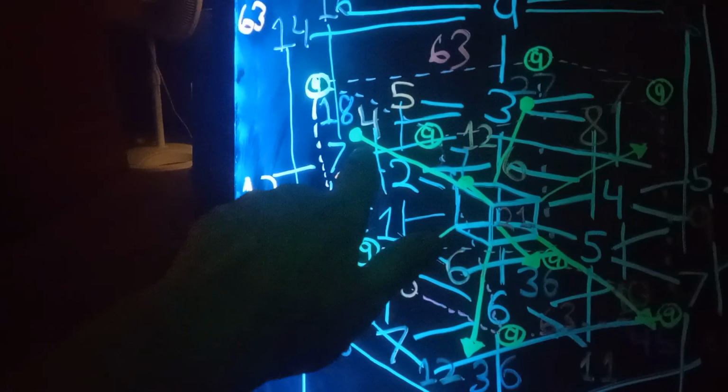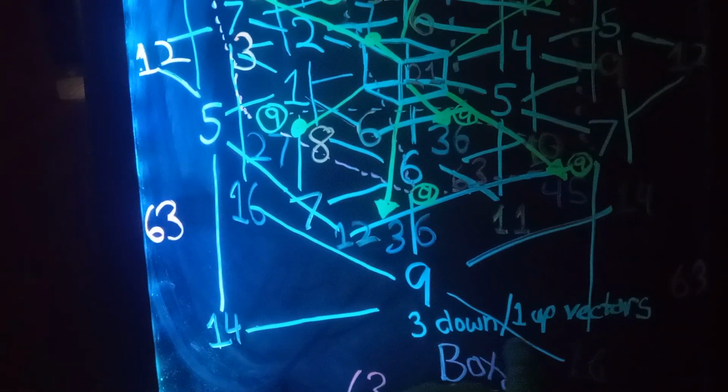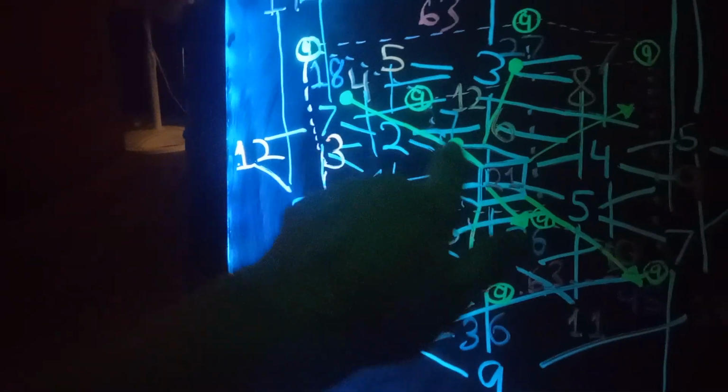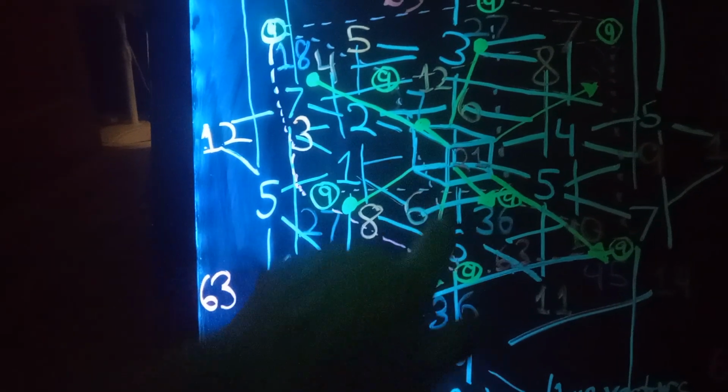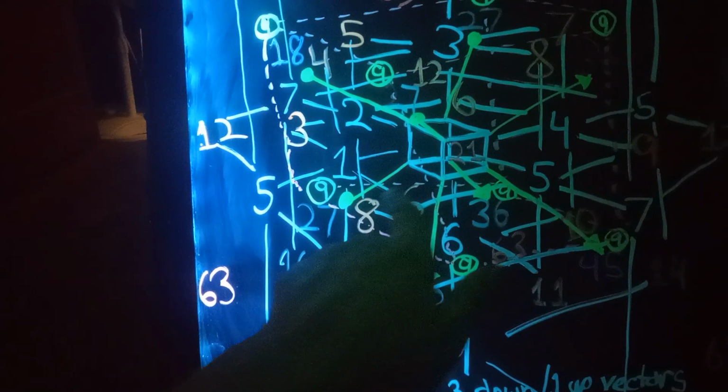And for the vectors, that should have been written in green as 3 down, 3 down, 3, and 1 up.